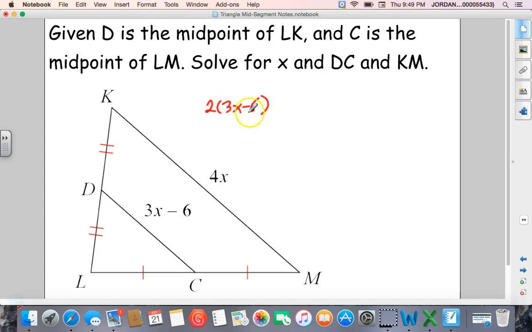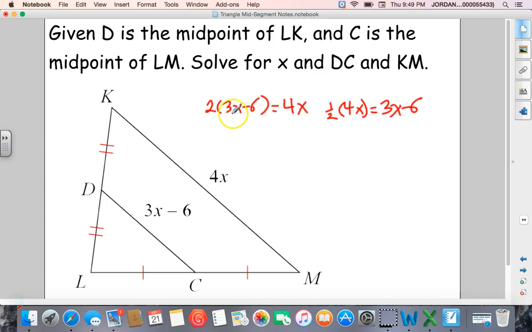So 2 of these should equal my third side down here, 4x. That's one way to do it. Or you could do kind of the opposite and say half of 4x should equal 3x minus 6. And either one should give you the same answer.